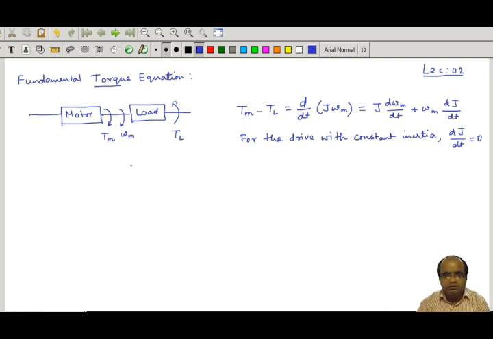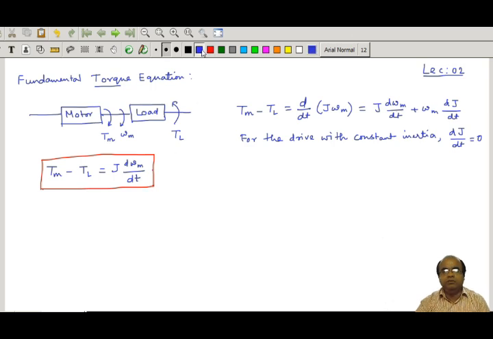Now, the fundamental torque equation of the motor load system becomes Tm minus TL equals J d omega m/dt. This is the fundamental torque equation of the motor load system.